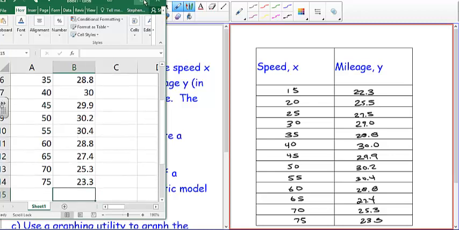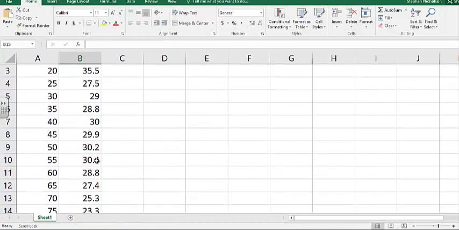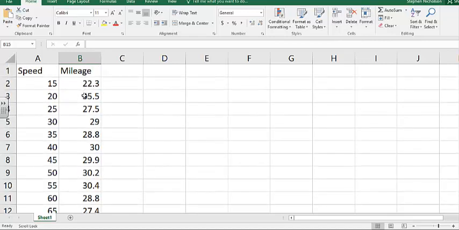Okay, those are the data points. You can look at it visually and see that the maximum is somewhere in the 45 to 55 mile an hour range. And no, this must be 25.5.